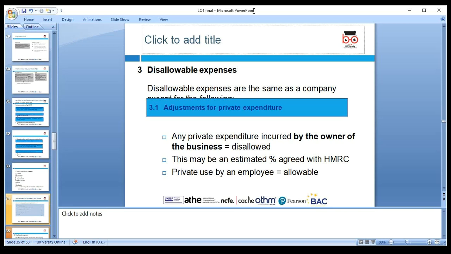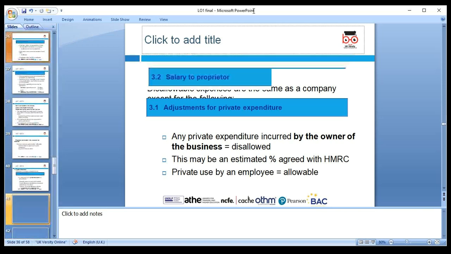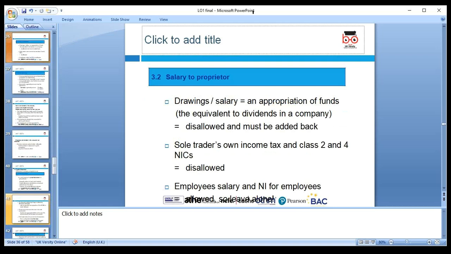Sometimes people use the company car for personal use but don't declare it. Salaries and proprietors' drawings are a huge area. You're giving your own asset to the company. So we need to look around these further areas, NI contributions.